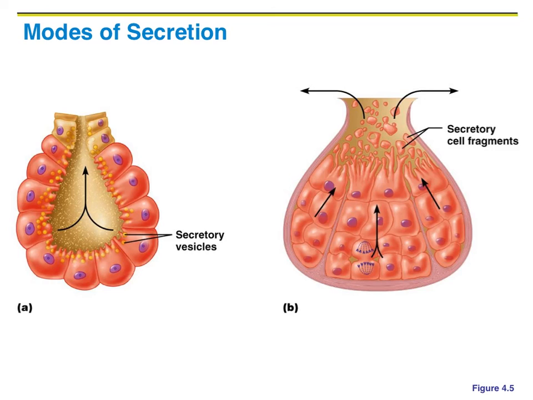A third type of multicellular exocrine gland that should be mentioned are apocrine glands. Apocrine glands accumulate their products, but they only pinch off from the surface, so the whole cell doesn't rupture. There's controversy if there are even apocrine glands in the human body.